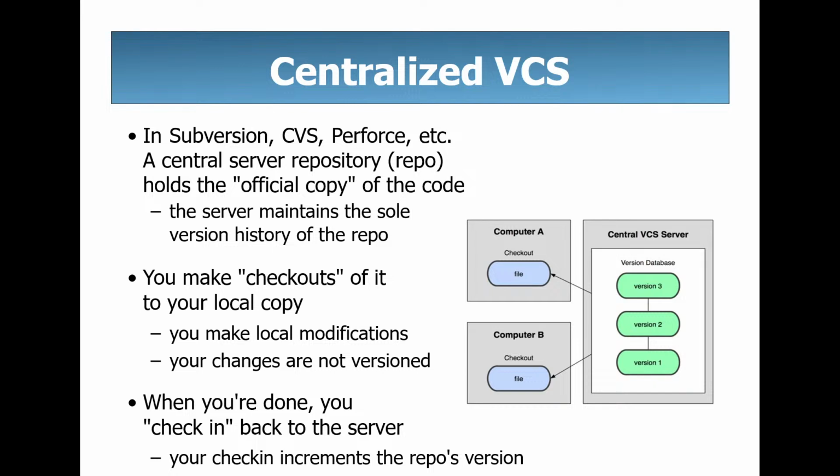Comparison with distributed VCS. Centralized VCS differs from distributed version control systems like Git and Mercurial in several ways. Central repository. In a CVCS, there is a single central repository, while in a DVCS, each user has a complete copy of the repository, including its history.